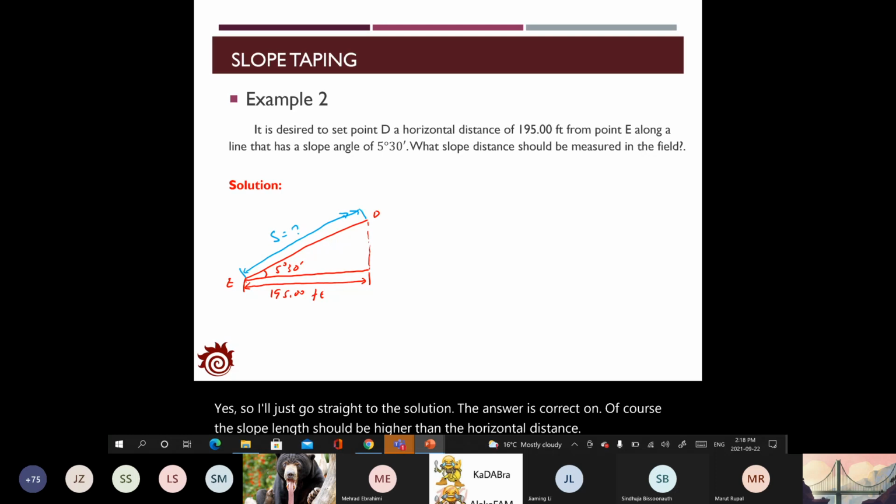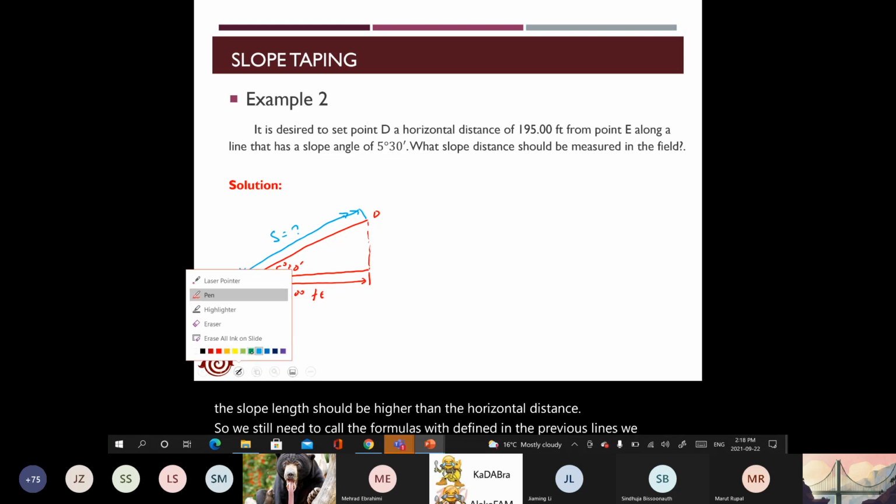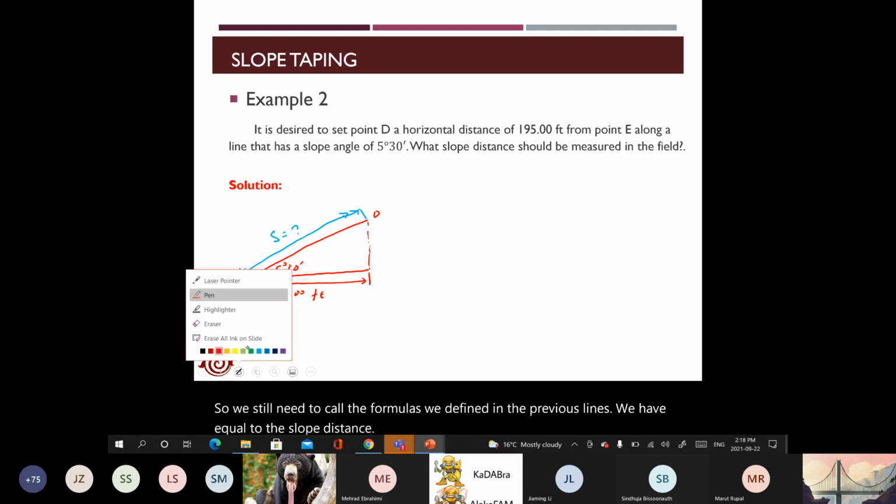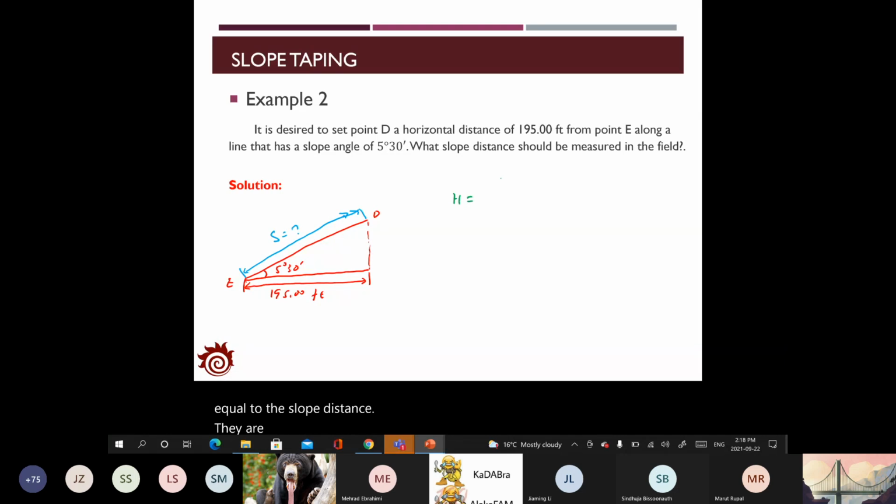So we still need to call the formulas we defined in the previous slides. We have h, the horizontal distance, equal to s, the slope distance, times cosine theta.